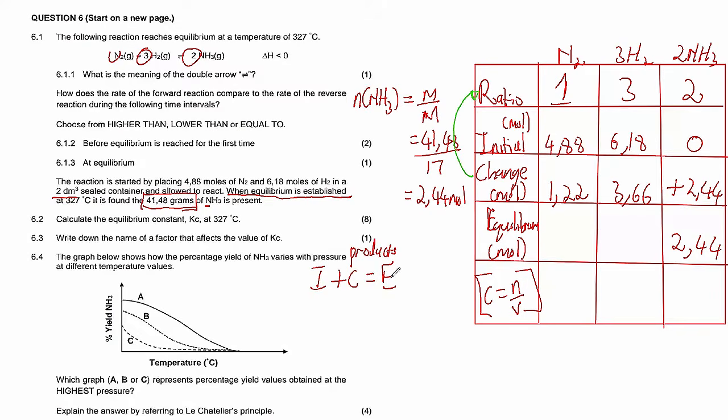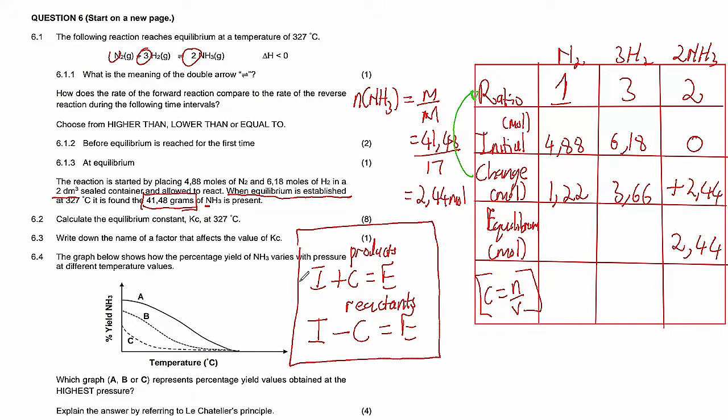So every time you are looking for the number of moles at equilibrium, it says I minus C is equal to E. So it's the initial minus the change, and then equilibrium. So always this happens when you are dealing with the reactants, right? So for the reactants, in order to get the one at equilibrium, I need to say this minus that. Right, so note this, very crucial for you to understand.